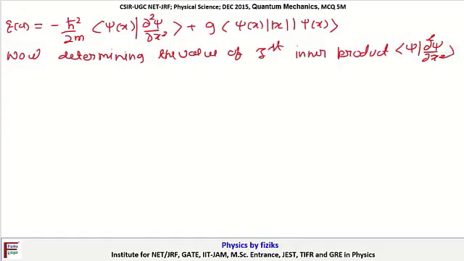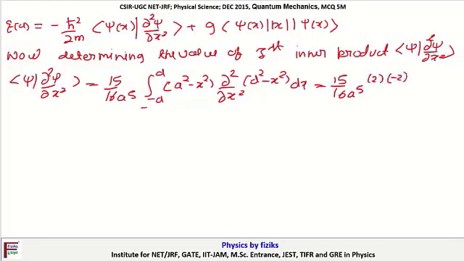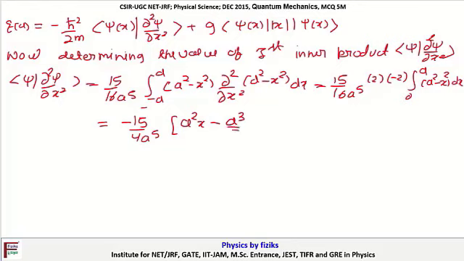We have psi del square psi by del x square equals 15 by 16 a to the power 5, integral from minus a to a of a square minus x square del square by del x square of a square minus x square dx, equals 15 by 16 a to the power 5 times minus 2, times 2 integral 0 to a of a square minus x square dx, equals minus 15 by 4 a to the power 5 times a square x minus x cube by 3 from 0 to a, equals minus 5 by 2 a square.